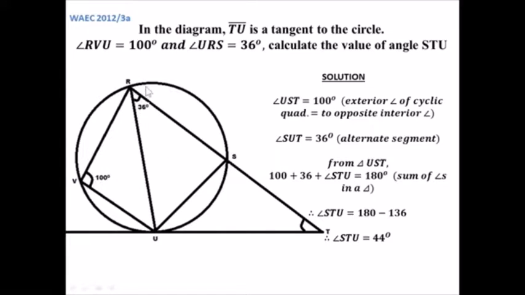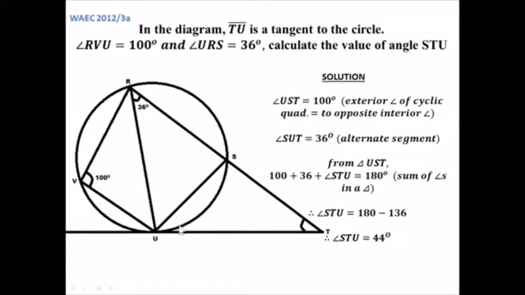So that means the angle that is formed here, 36, is going to be in the alternate segment to this angle here. Don't forget, we're talking about angle in alternate segment, that they are equal. So this angle SUT, the total angle that is here, is going to be equal to 36 degrees. Reason, angle in alternate segments.